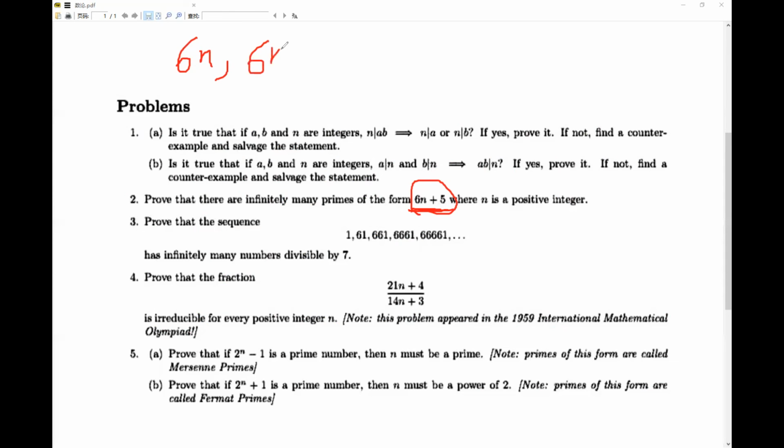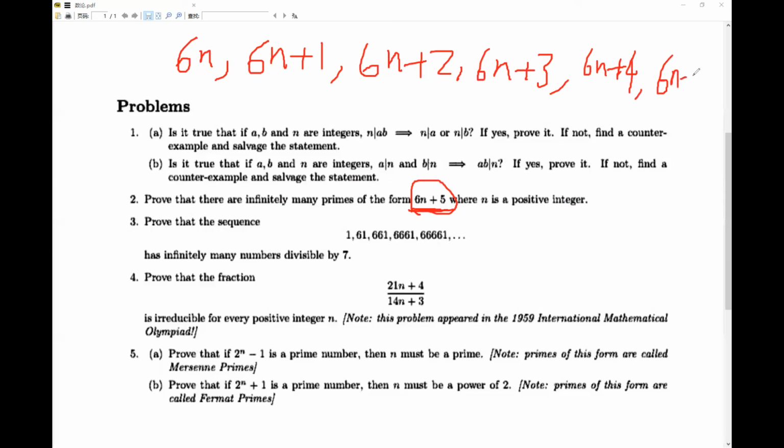Next, 6n plus 1, 6n plus 2, 6n plus 3, 6n plus 4, and also the last one, 6n plus 5. Every number must fall into one of the groups, right? Just one of them, right?